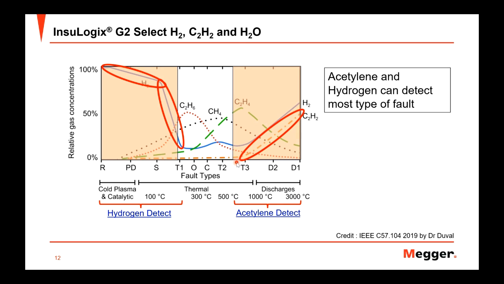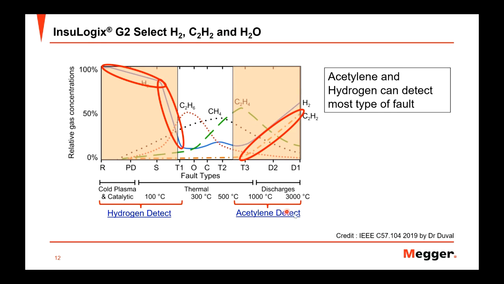So combining these two gases, you can protect your transformer very well, because you can detect a little thing, a little fault, happening inside your transformer, and if you miss this kind of fault, you may have a huge discharge because of the huge bubble, or your transformer is going to break down.